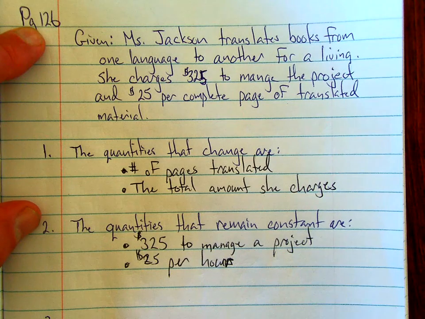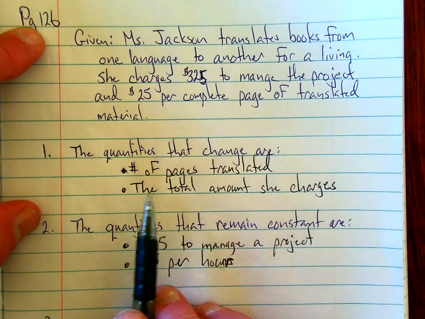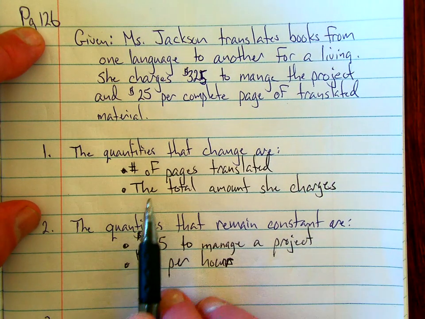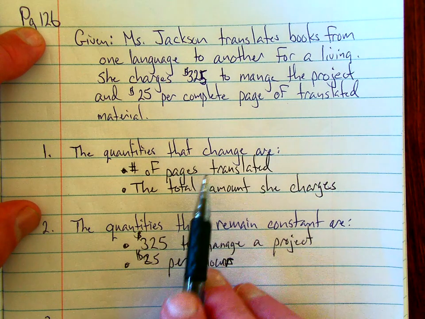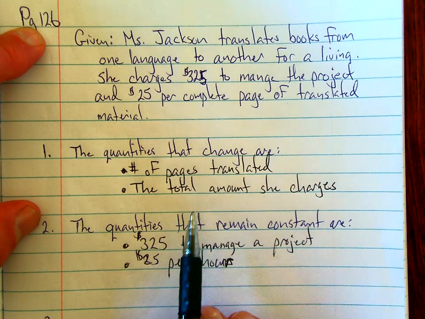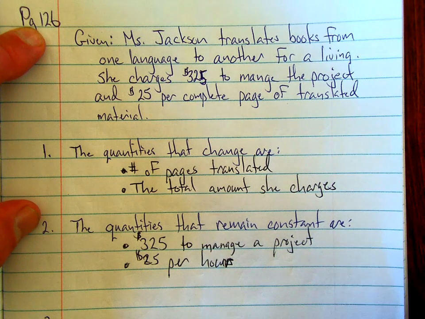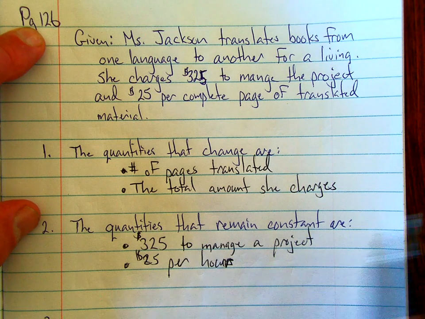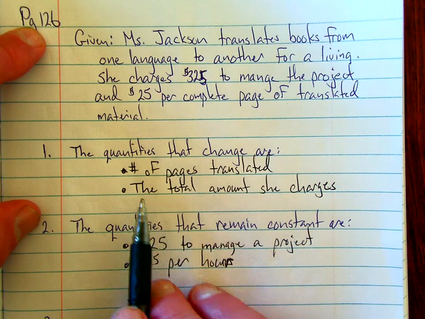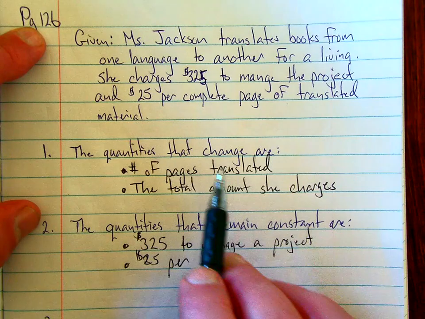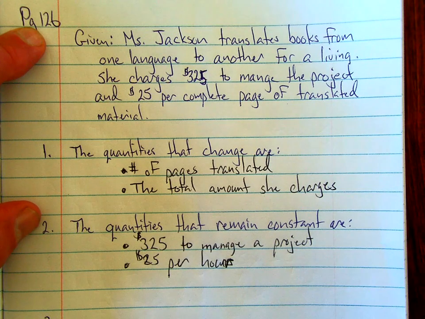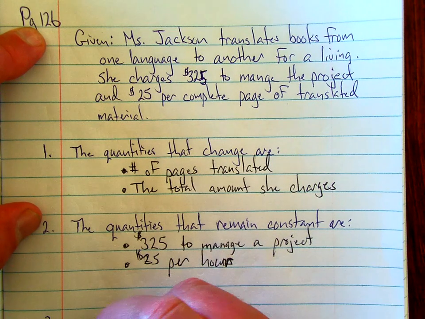Which quantity depends on the other? Does it make more sense to say the more she charges, the more pages she translated, or the more pages she translates, the more money she charges? Both work somewhat, but I'm hoping you agree that it makes sense to say the amount she charges depends on the number of pages she translates. So, which quantity depends on the other?